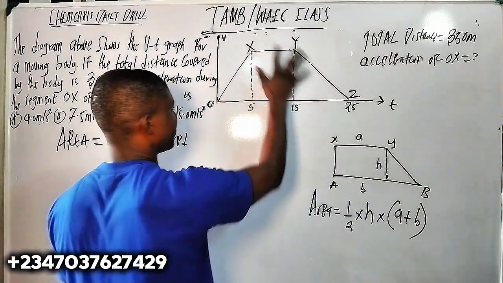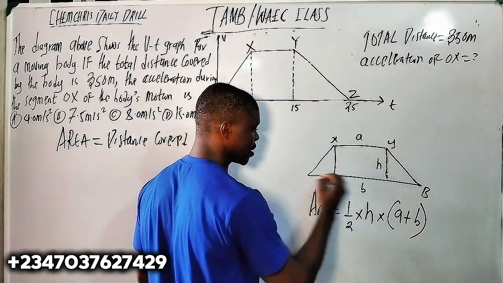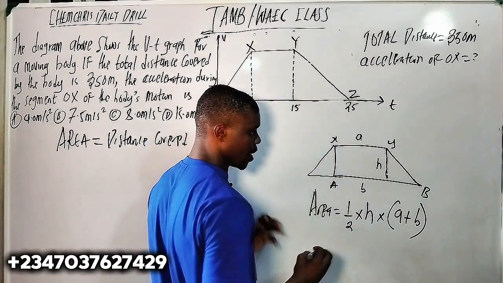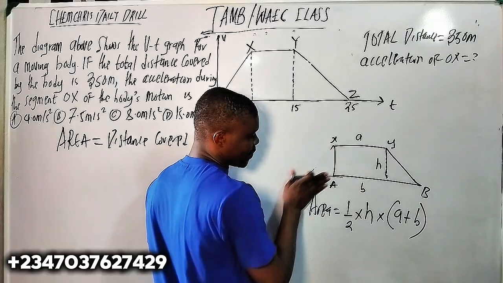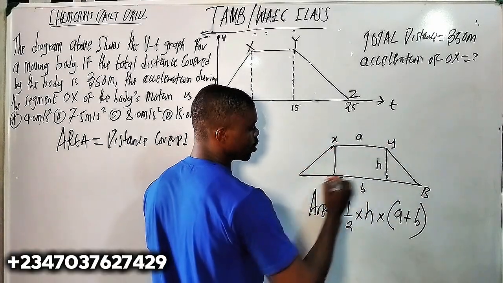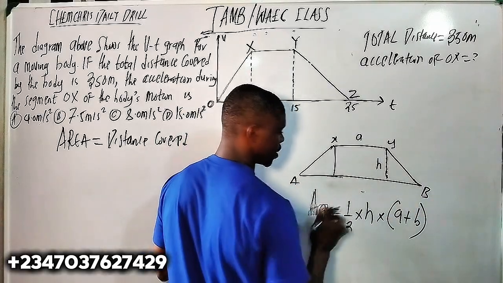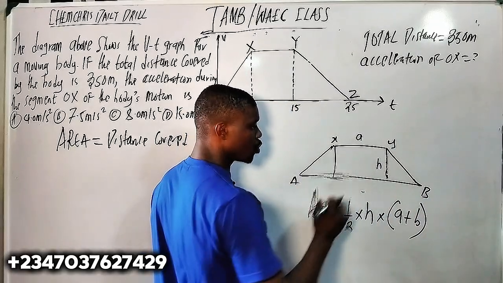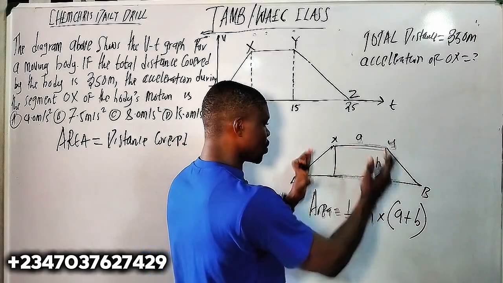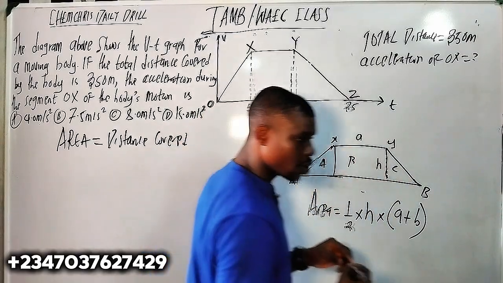So when I see a graph like this, understand that it is a trapezium. At times you can also see it like this, and that is fine: X, Y, A, and B. If it's like this, it's also a trapezium. Although, if you check it very well, this one can be divided into three parts: A, B, and C. But we are not looking at that.